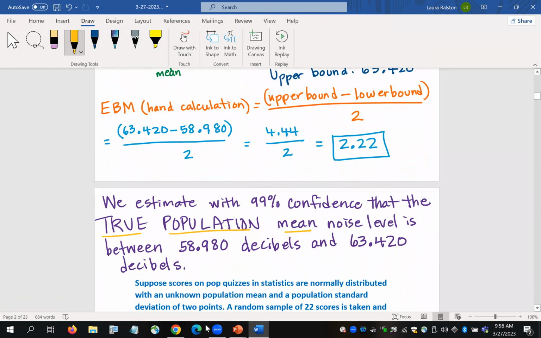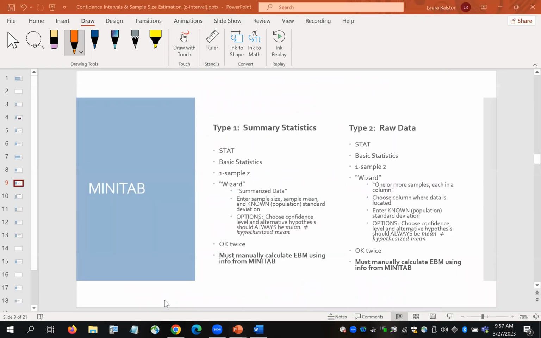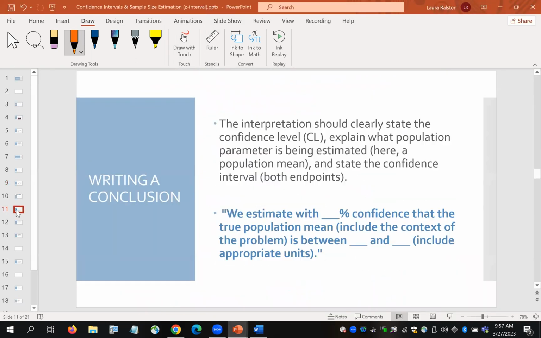I have that formatted. If you can't remember that format, I'll be doing it as we go through the examples this morning. But remember, that format was on slide 11, and we're simply filling in the blanks. I have to put my confidence level. I have to include the context of the problem, meaning what is the variable, and then I have to do the lower bound and the upper bound.